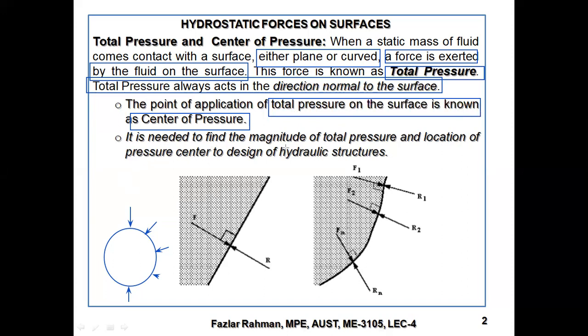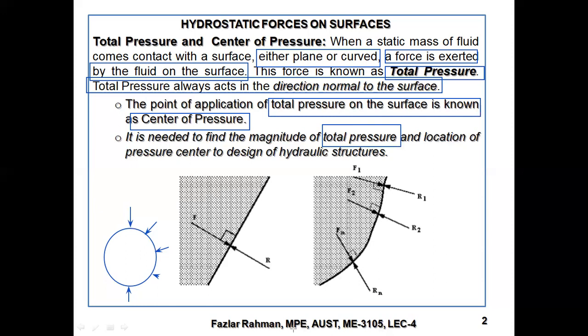To design a hydraulic structure, it is needed to find the magnitude of total pressure and the location of the pressure center. So we need to know the magnitude of the total pressure force, and also the location of the resultant force, which is called the center of pressure.